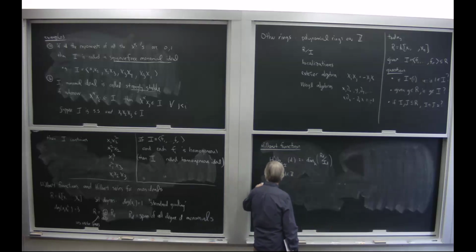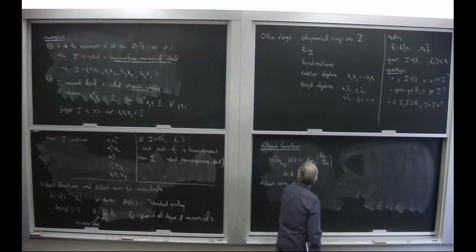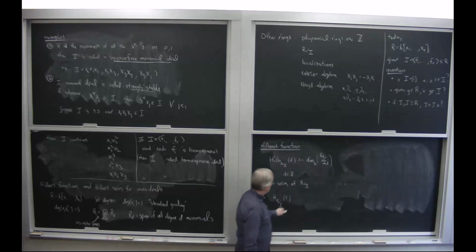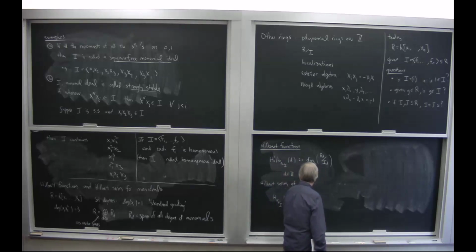And so the Hilbert series of R mod I is H sub R mod I of a parameter, and this is going to be the formal power series over all D in Z.